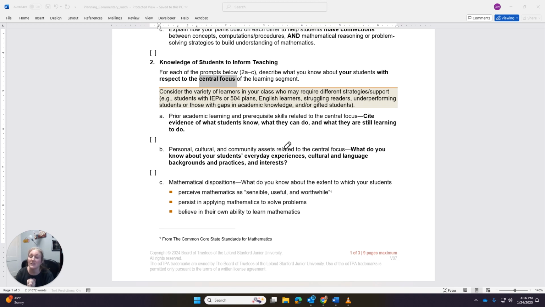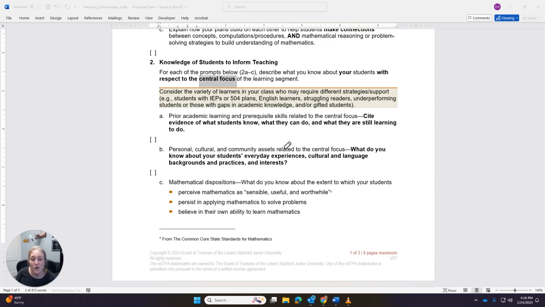So these could be things like that you know that your students enjoy a certain TikTok trend right now, and so you incorporated that into your lesson plans.